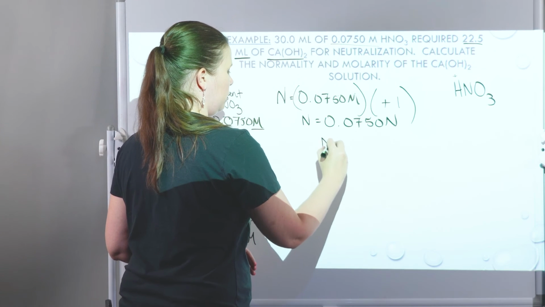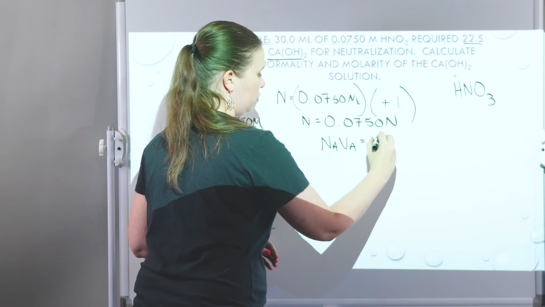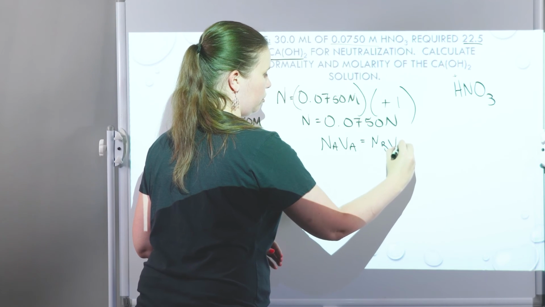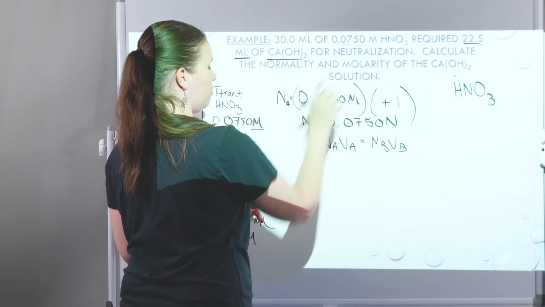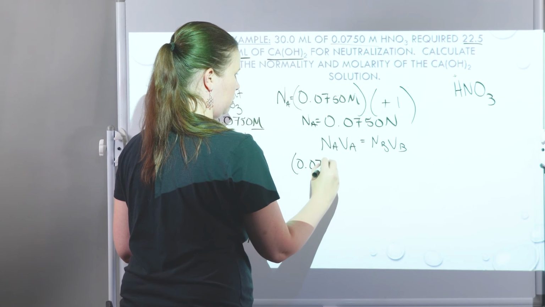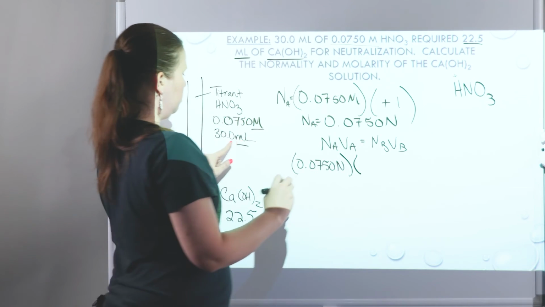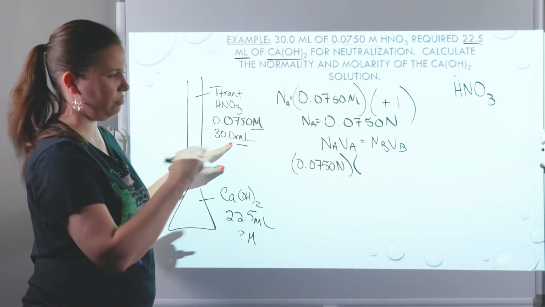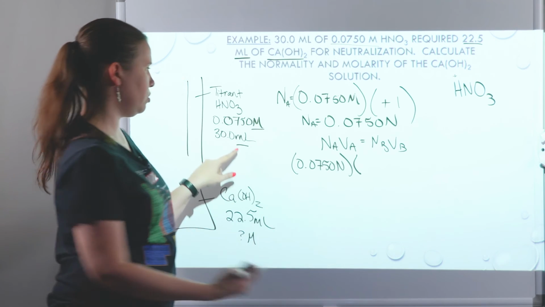Now let's try using normality of acid, volume of acid equals normality of base, volume of base. So what I just found here, this 0.0750, was for the acid, so I'm going to plug that in first. Then the volume was given in milliliters, and for the shortcut, that's fine. We're not using the molarity equation, so we don't have to switch to liters.